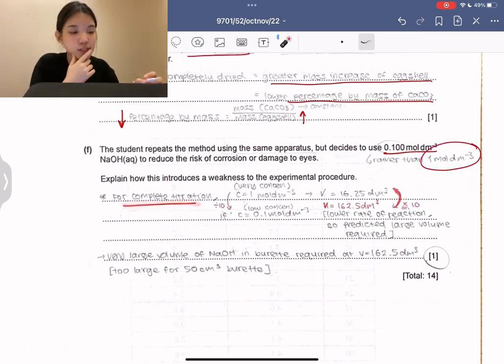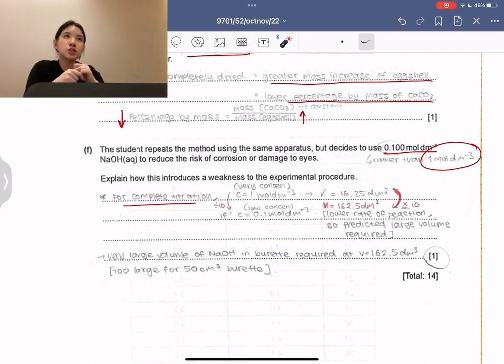So for complete titration, when 0.1 mol per dm³, a lower concentration, is used instead of 1 mol per dm³ for NaOH, you could see that with C equal to 1 mol per dm³, the volume of NaOH just now is 16.25 cm³. Then when C equals 0.1 mol per dm³, what is the volume? There is no way that a lower concentration would lead to a higher volume.